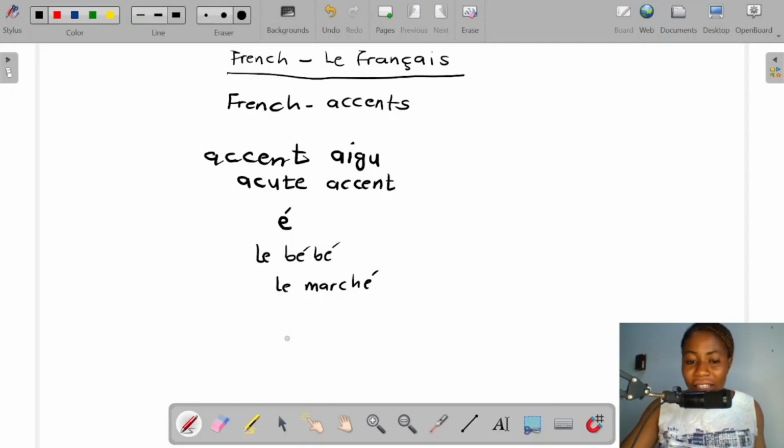We could have said "marchay" with a different sound, but no, because of the accent attached to the E at the end of the word, we say le marché. Très bien. That is how this accent is used in French. It has a high sound and is pronounced as é.